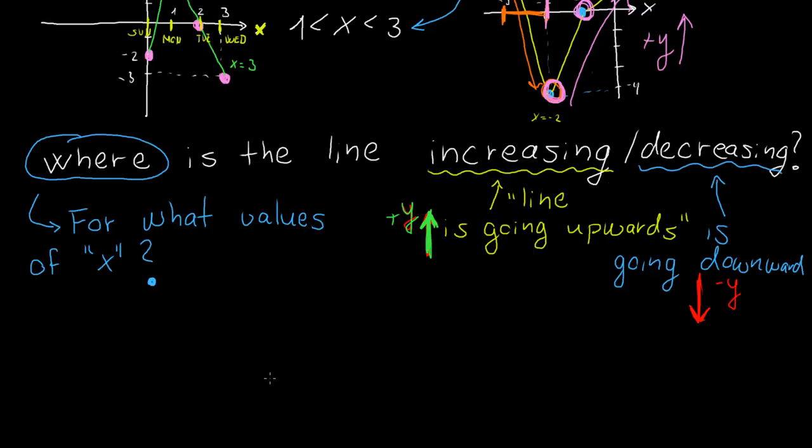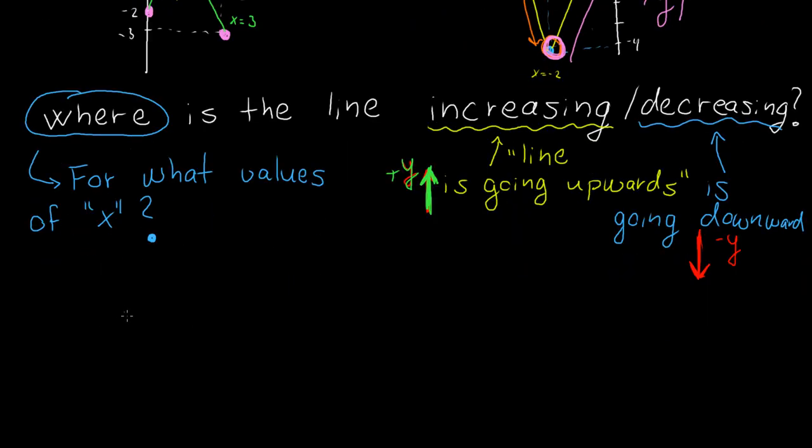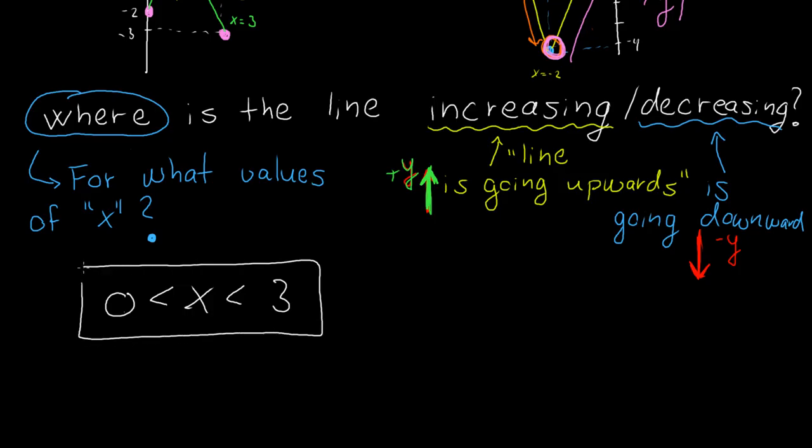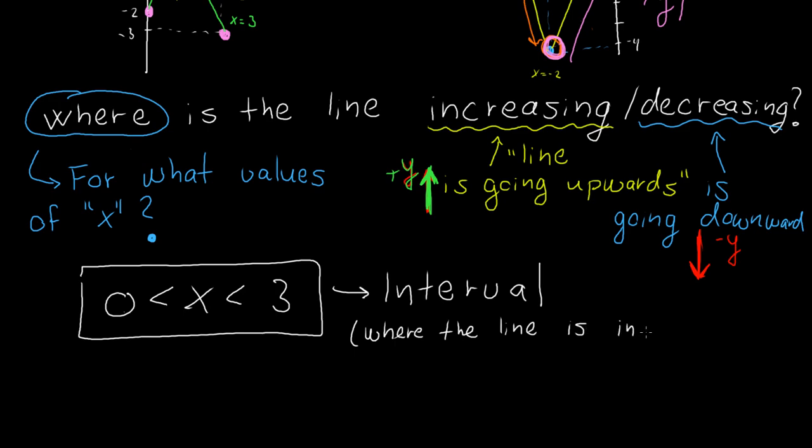And please, very important, what we just wrote, let's say 0 to 3, is called an interval. So let's say interval, and I'll put brackets where the line is increasing.